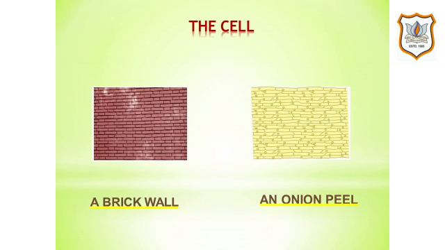Students, the first picture is the wall of a house made up of bricks, and the second picture is the leaf of an onion peel. It is a plant tissue made up of cells. Just as a house is made up of bricks, in the same way, living organisms, means plants and animals, are made up of cells. Bricks are non-living things, whereas cells are living structures.